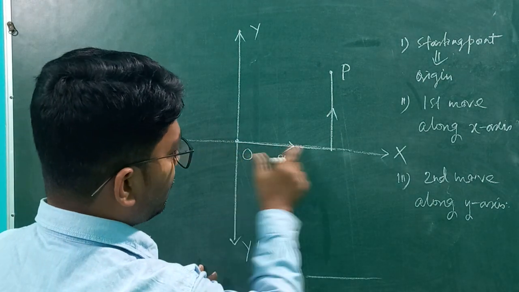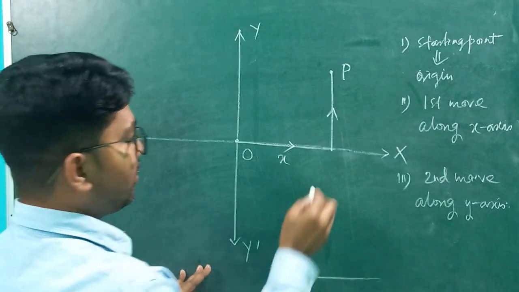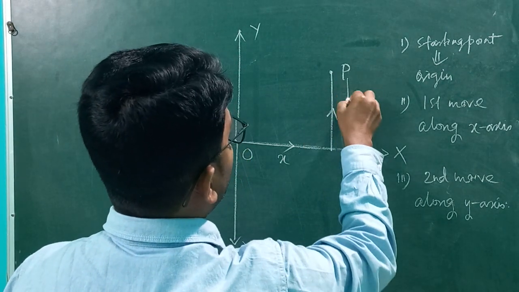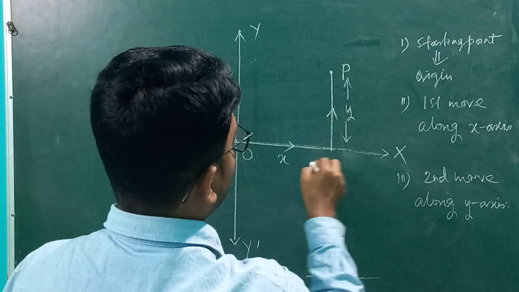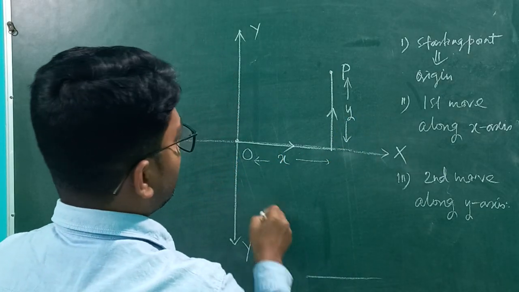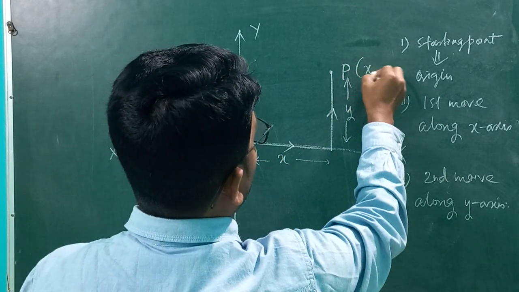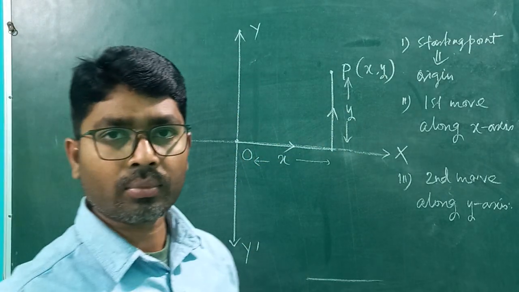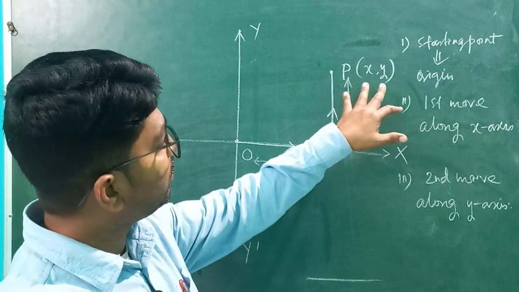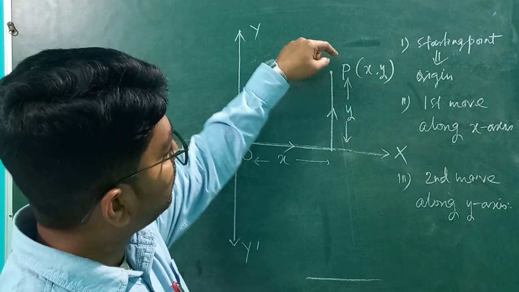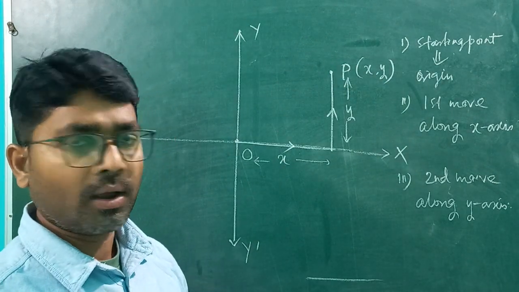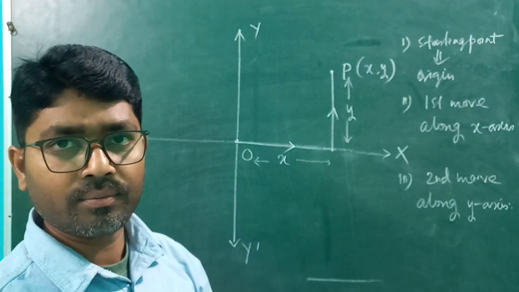Because this movement is along the x axis, and if you move along the y axis, this length is y, then its coordinate will be denoted by x, y.